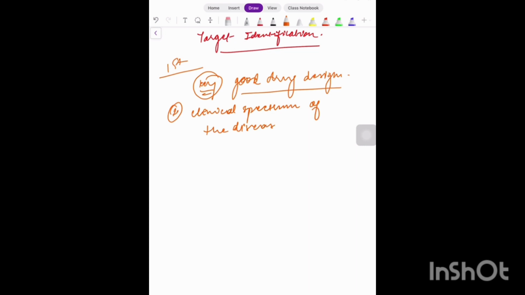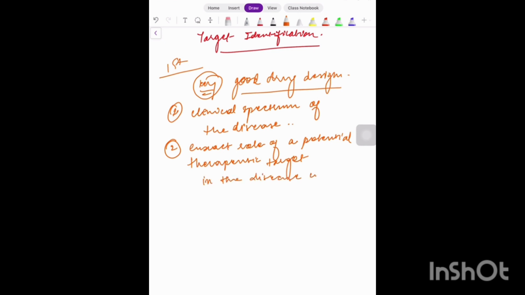And second of all, based on this, we need to identify or find out the exact role of a potential therapeutic target in the disease condition.